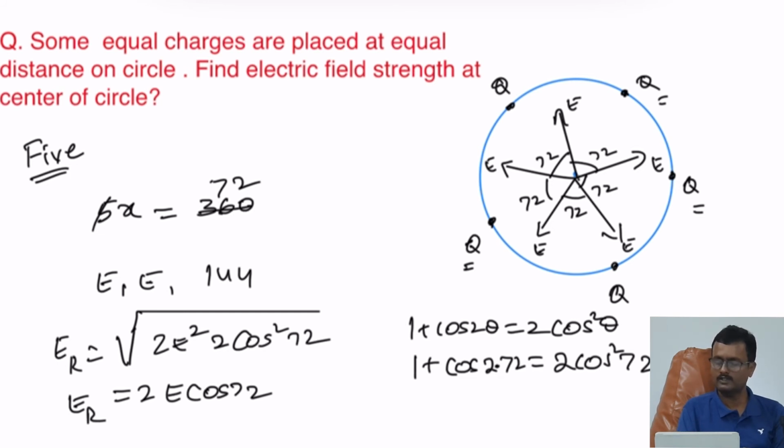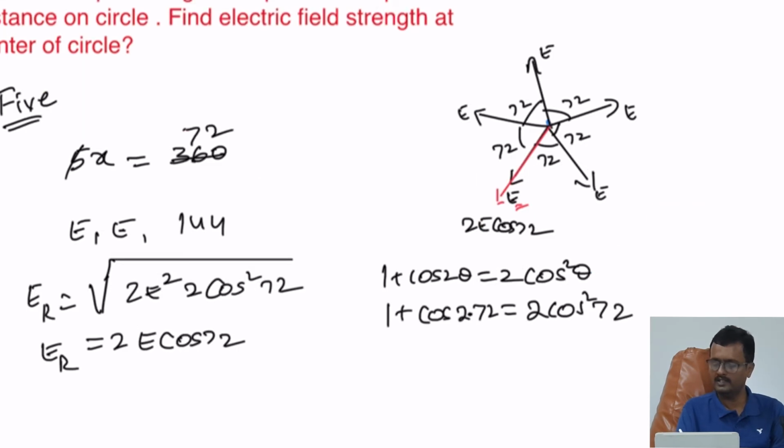So what is the direction of these two? The direction of the resultant vector exactly bisects this angle 144, so we get it along this direction of E. So that is 2E cos 72. See here, E and 2E cos 72 are in the same direction, so their resultant is the addition of these two vectors.